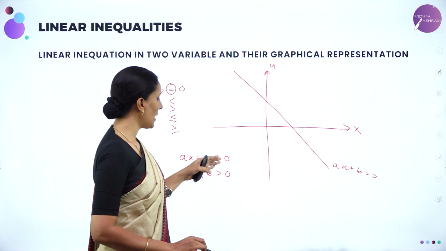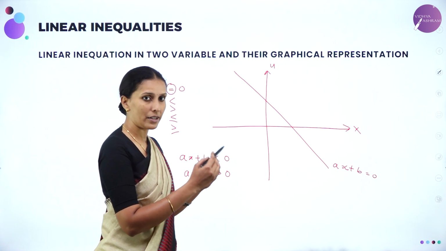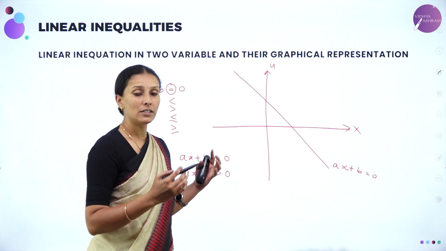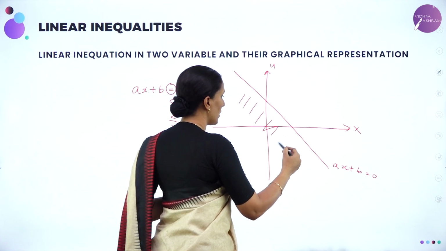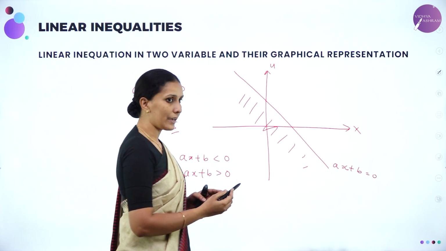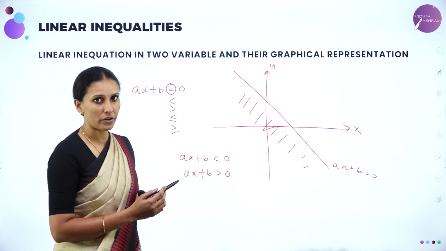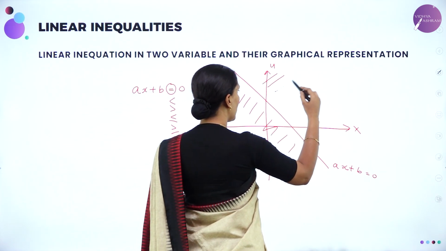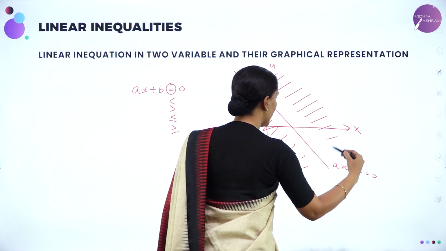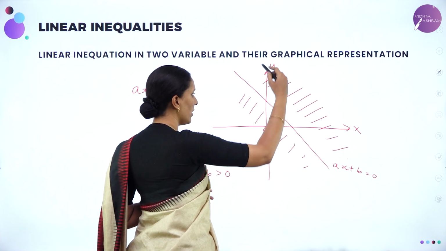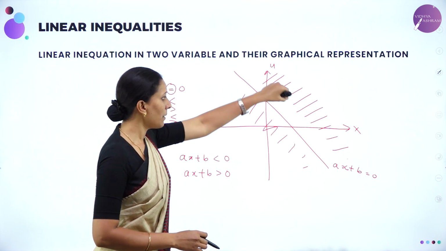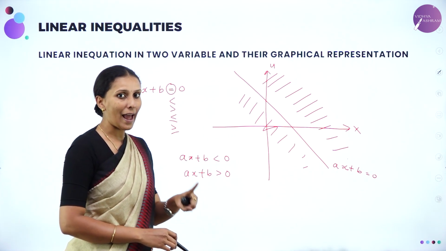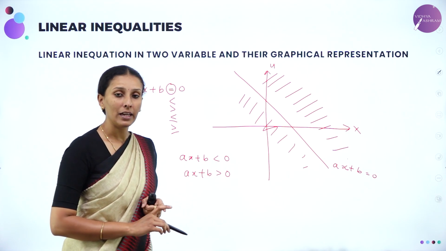So ax plus b less than 0 means it is the region where it contains the solution points, which is this region. And when I say ax plus b greater than 0, that will be the solution region which contains all solution points in the entire region. So the entire region above the line will act as a solution region. That means any point in the solution region will act as a solution for the given inequality.